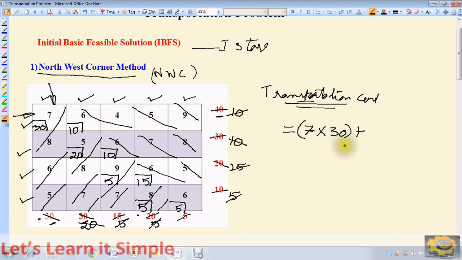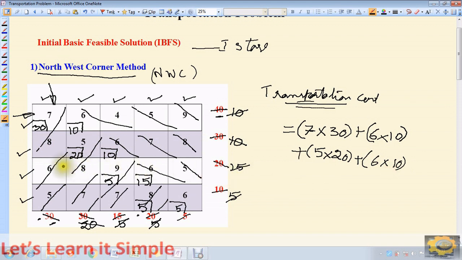Now if you move on to the next cell, cell 1, 2, the cost is 6 and the allocation is 10. So that is 6 into 10. Then the next allocation is in the second row, where the cost is 5 and the total allocation is 20. Now the next allocation is cell 2, 3, so the cost is 6 and the number of allocation is 10.